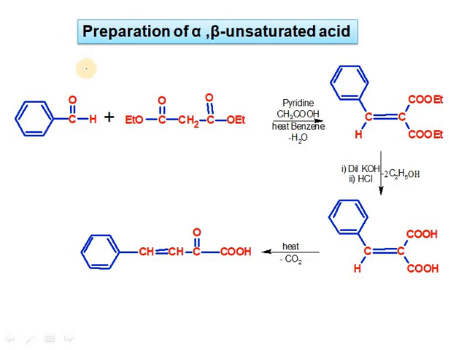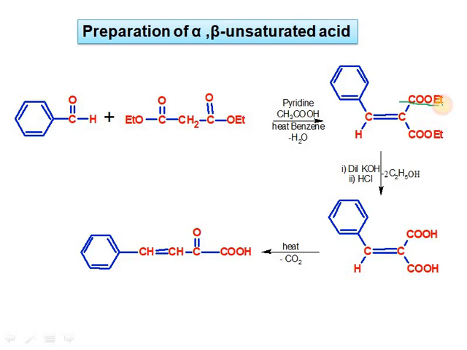The next application we see here is the preparation of alpha beta unsaturated acid. A similar reaction can be done, the Knoevenagel condensation, with loss of water molecules to get a carbon-carbon double bond here. After formation of the unsaturated carbonyl compound, take dilute KOH and HCl, that is hydrolysis with water.